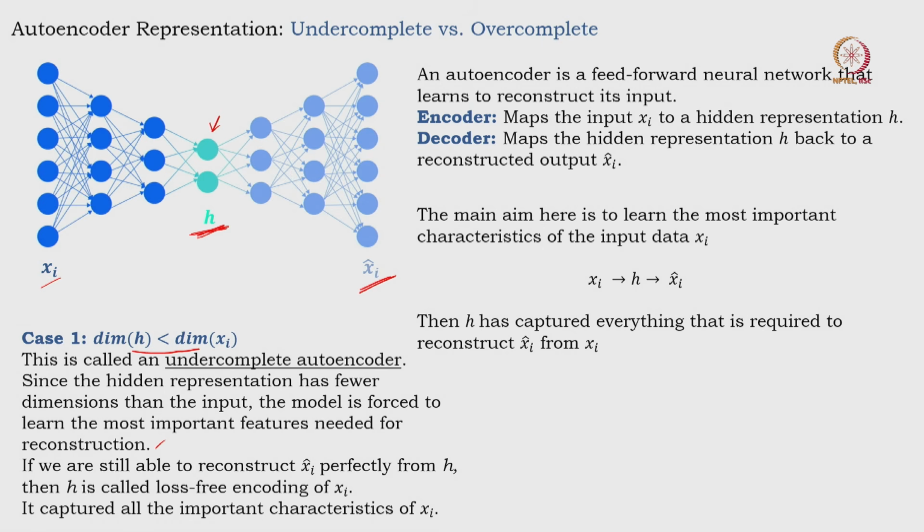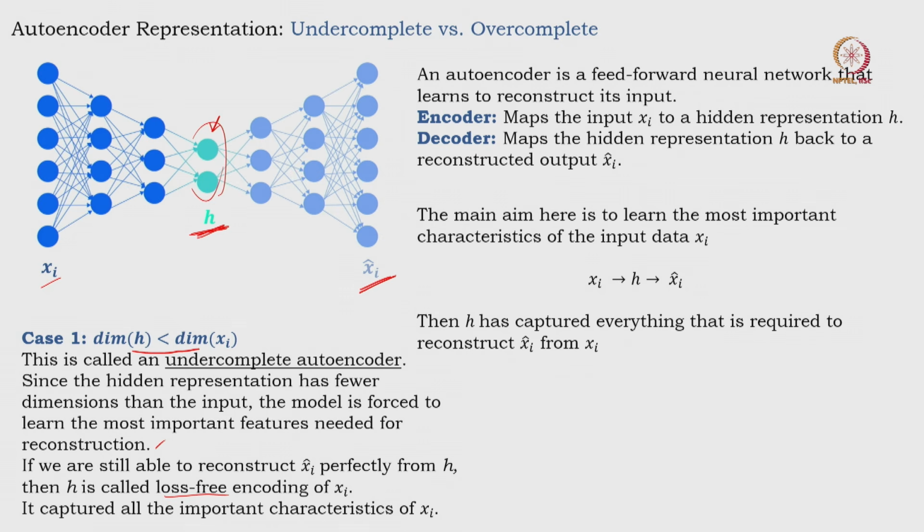From this lower dimension, if you are still able to reconstruct back, has H not captured all the important features? Yes. Is H not an error-free, loss-free encoding of the given input? Yes, this is what an undercomplete autoencoder is.